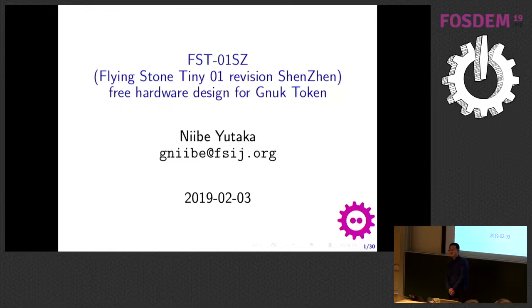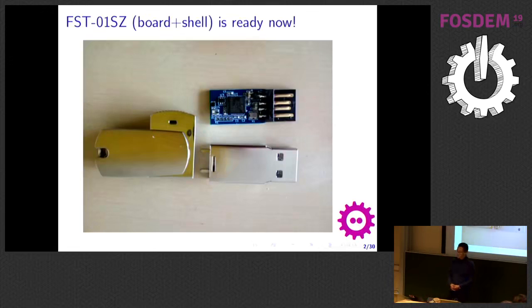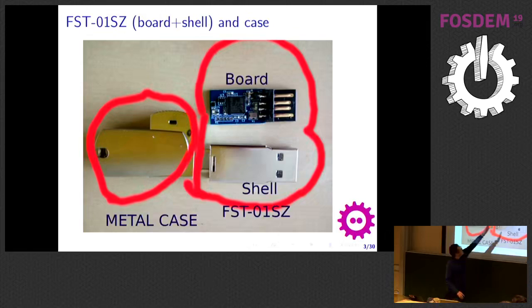Gnuk Token is a token to store my private key for GNU PG. So this is the FST 01 ShenZhen version, and it is ready now. This part is FST 01 ShenZhen, and this is a metal case.